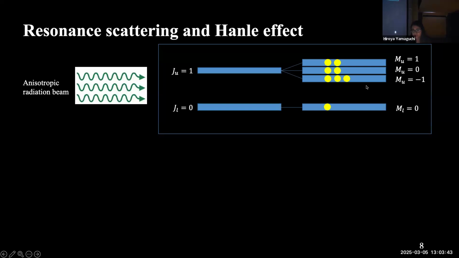This is called atomic polarization. So basically, there is a net creation of angular momentum, because of which, when the anisotropic radiation is scattered from this atomic system, the scattered radiation is linearly polarized.